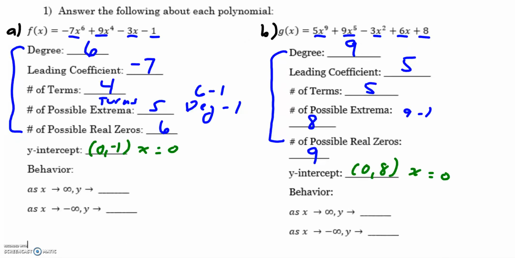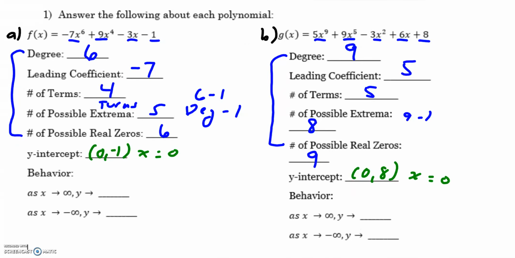The end behavior is sometimes the hardest part, so let me draw a picture to try to help. When I look at this function, I notice that the highest degree is a 6-degree polynomial, which is even. So this is going to behave more like a parabola or an x-squared function. And because the lead coefficient is negative, that means it's going to be upside down or reflected over the x-axis.